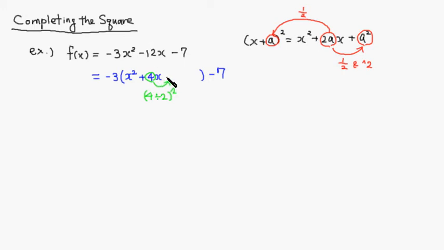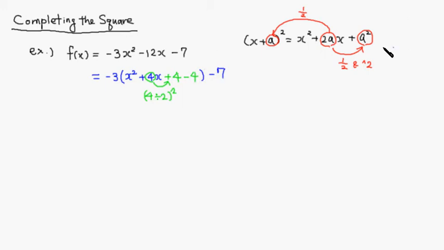So plus 4 is what we want. But we cannot just put plus 4 because plus 4 wasn't there before, so I have to subtract 4 right away so that we don't change anything.